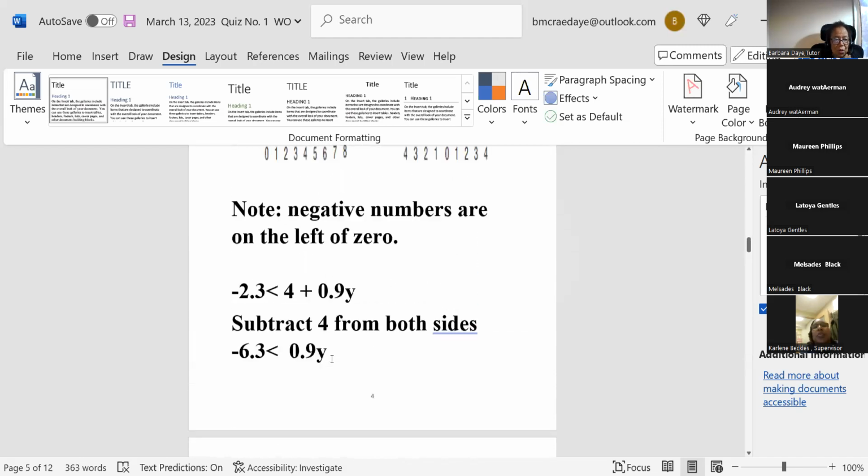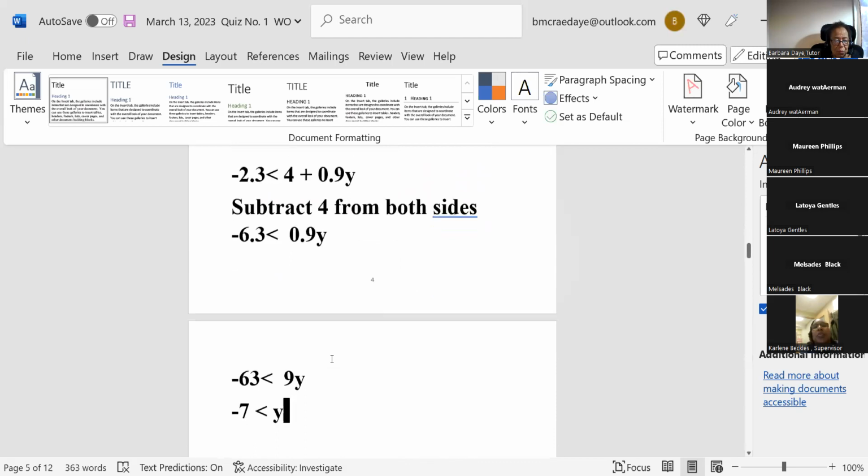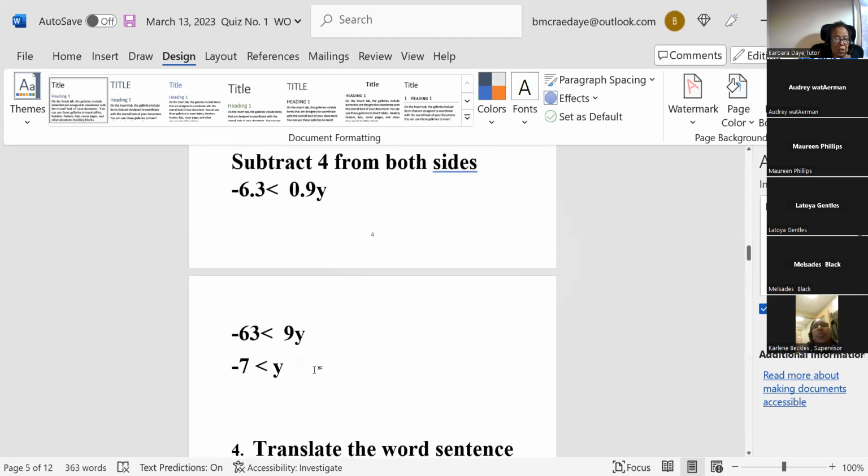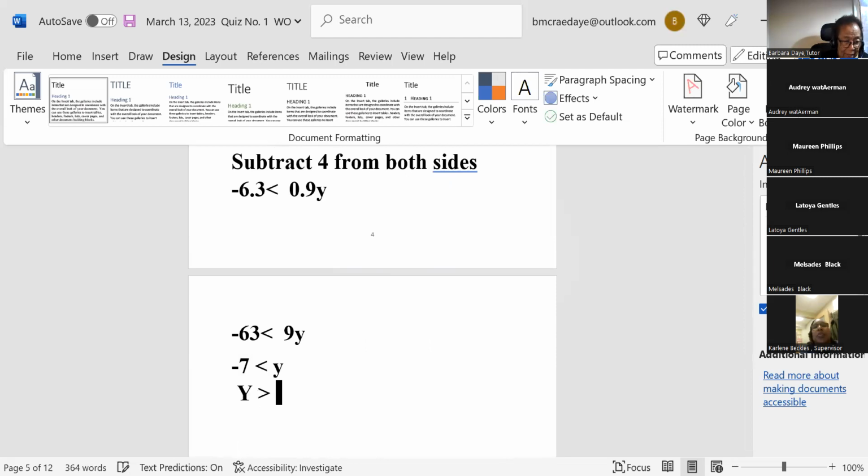But notice that we want to switch this and say y greater than minus 7. Let's just put the y over on the left side. We switched the inequality, and that would be y greater than minus 7.